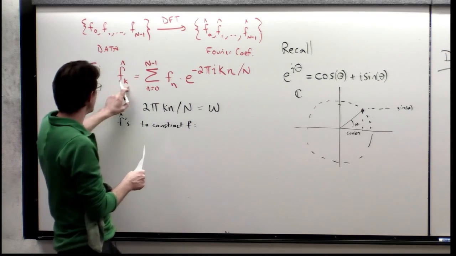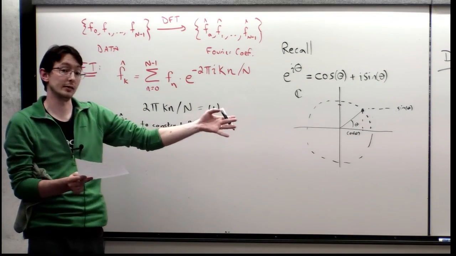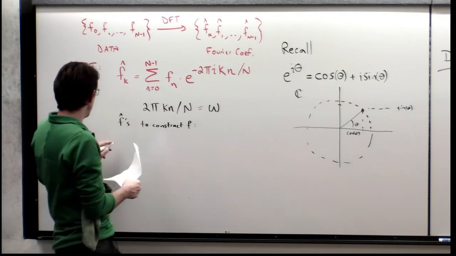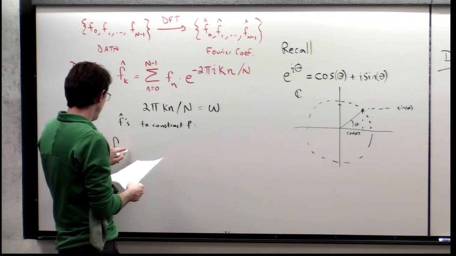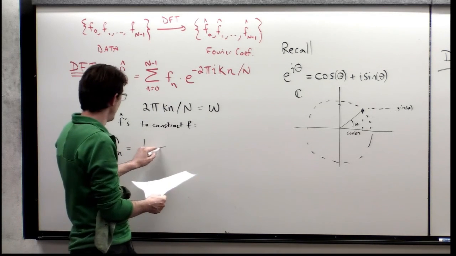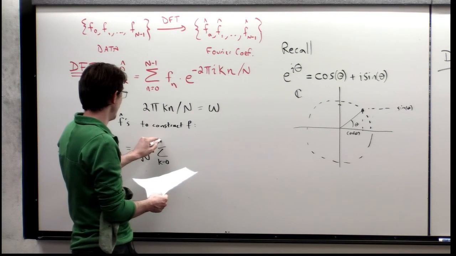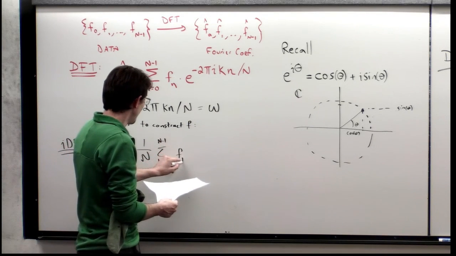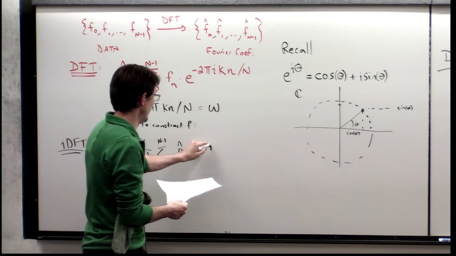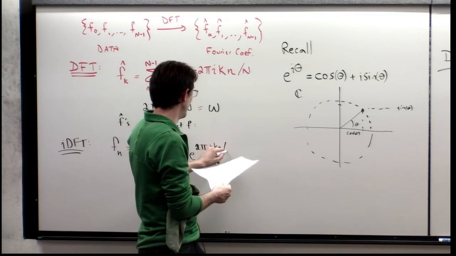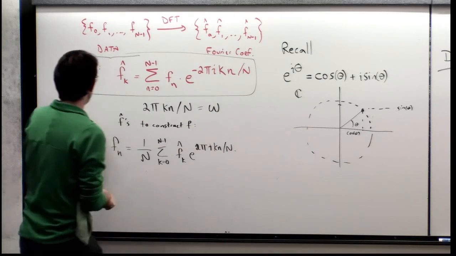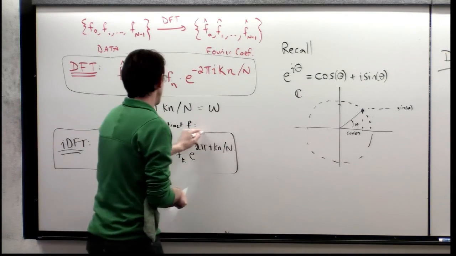And that tells me that once I have these frequency components, if that's what my boss sends me in an email is a bunch of frequencies, and I need to reconstruct the data, I say, okay, well, f_n, little n, is 1 over big N, 1 over my number of samples, times the sum from k equals 0 to N minus 1 of f_k hat e to the positive 2 pi i kn over big N. So this is the discrete Fourier transform, and this is the inverse discrete Fourier transform.